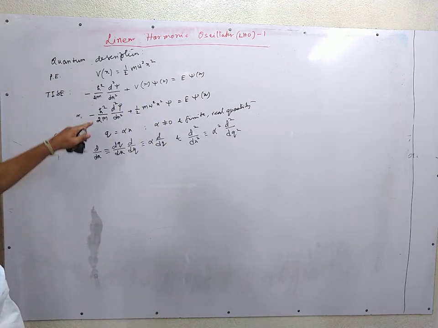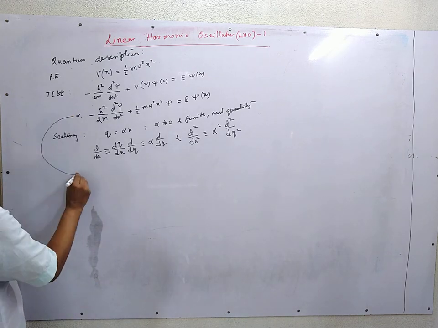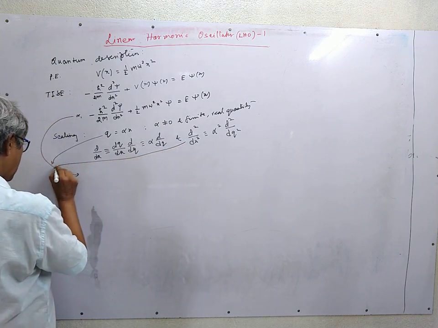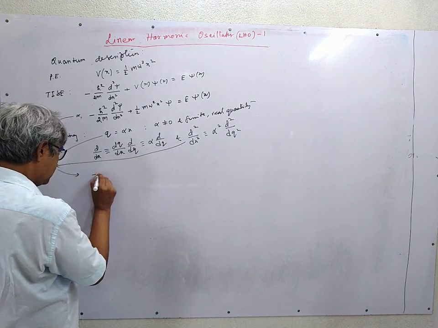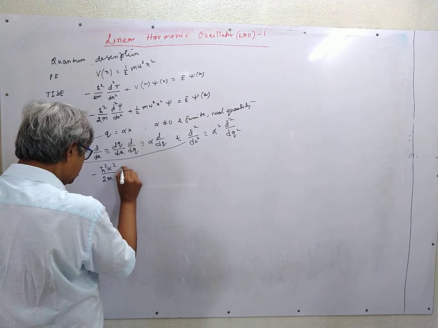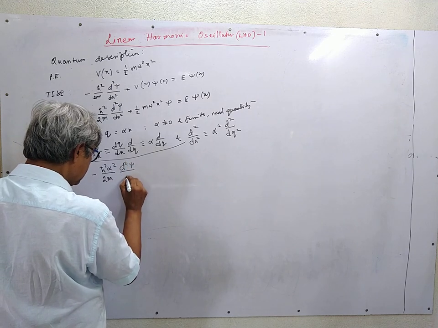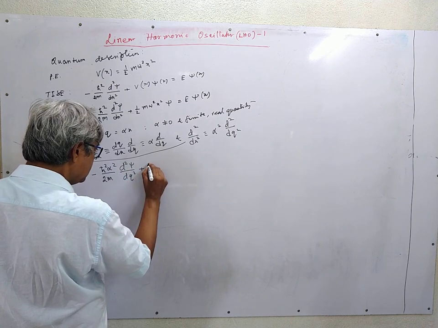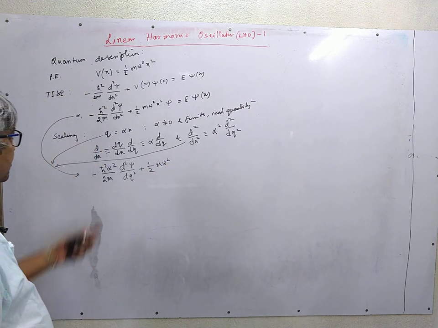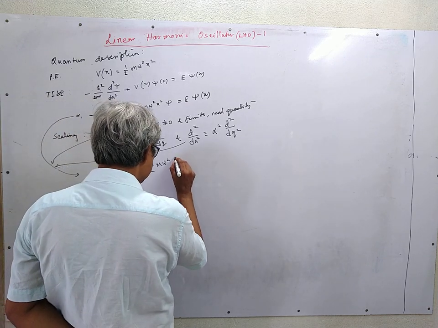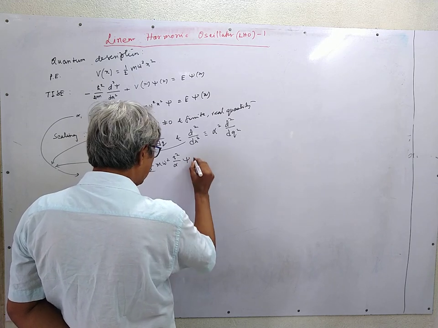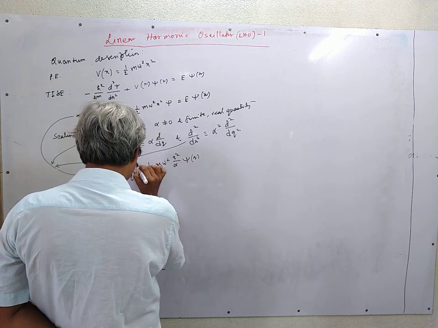So this equation together with this becomes, with x equal to q square by alpha square, psi, now here psi is a function of q.